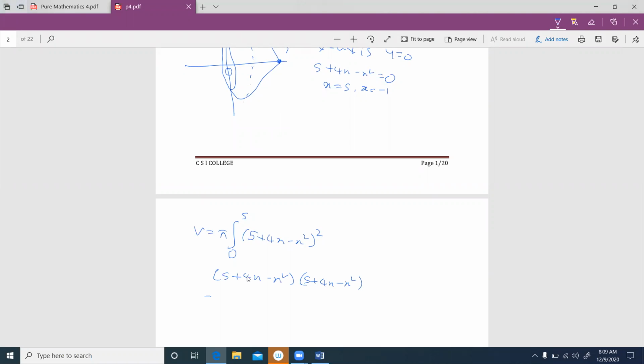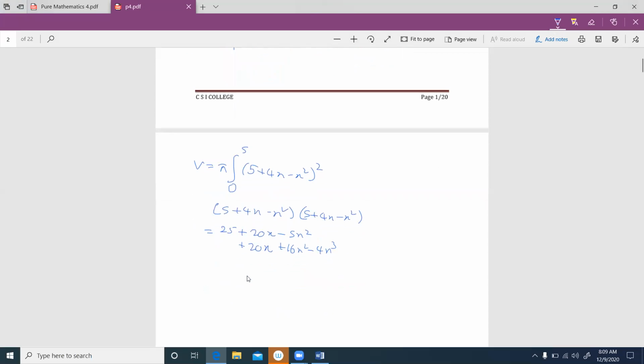So if you do this, if you multiply with 5, 5 into 5, 25, plus 5 into 4x is 20x, 5 into minus x squared is minus 5x squared, then 4x into 5 is 20x, 4x into 4x is 16x squared, 4x into minus x squared is minus 4x cubed, right?